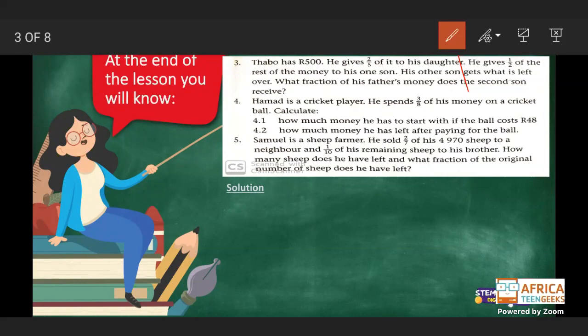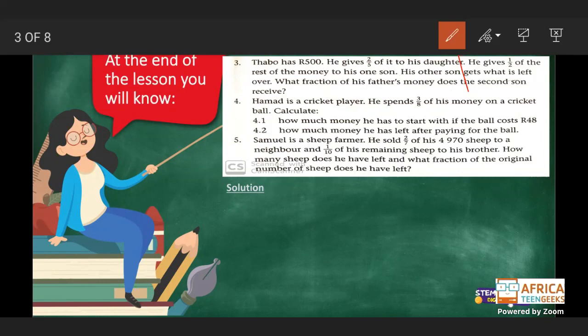So now the question is, how many sheep does he have left, and what fraction of the original number of sheep does he have? We need to write how many sheep are left. That's our answer.